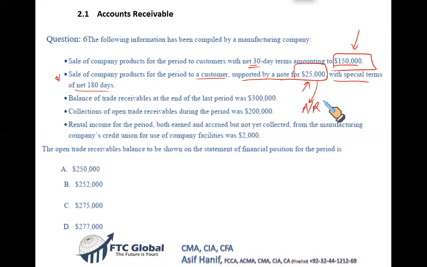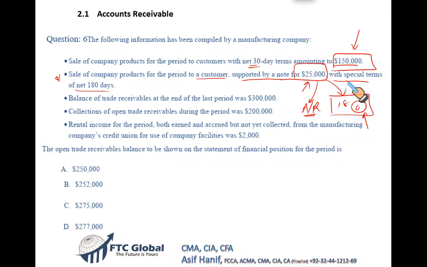When you sell to a customer and the customer, instead of paying cash, gives you a promissory note promising that I will pay you after 180 days, and this is notarized, legalized, then you remove that account receivable and debit this note in your books of accounts as a current asset, which means this will not be considered as your account receivable. 25,000 has been supported by this note.